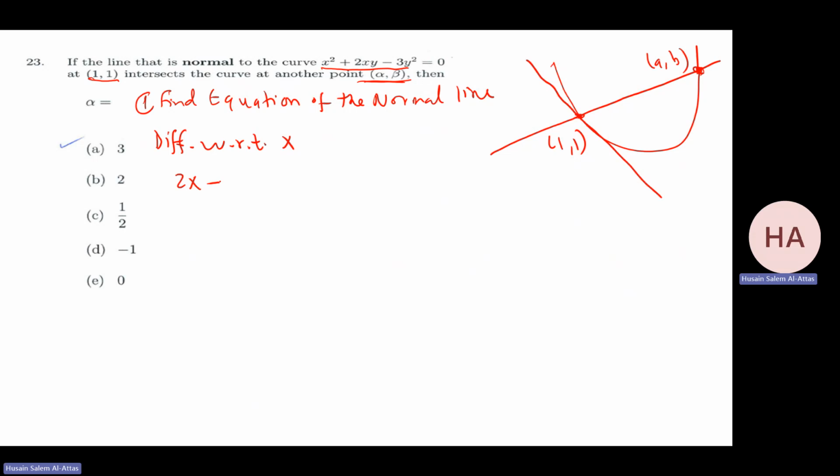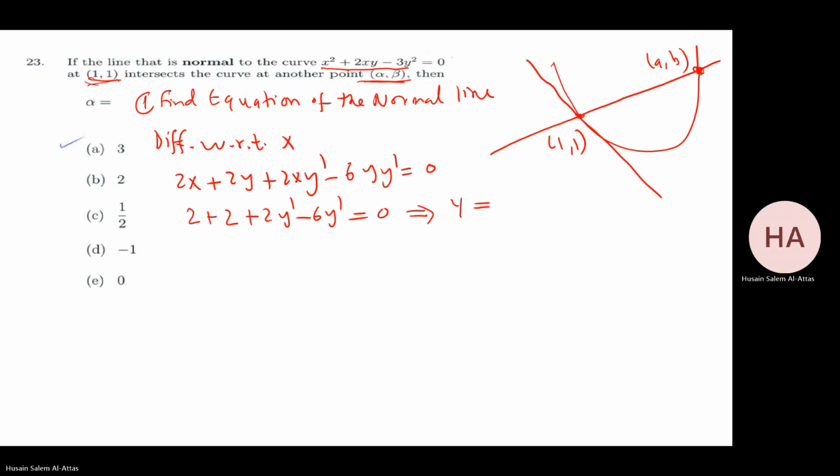So I have 2x plus 2y plus 2xy prime minus 6y prime equals 0. At 1 and 1, I have 2 plus 2 plus 2y prime minus 6y prime equal to 0. That implies 4 equals 2 minus 6, equals 4y prime.